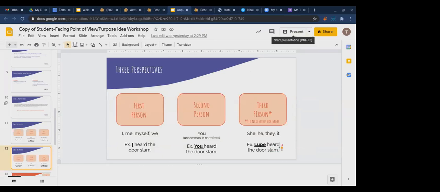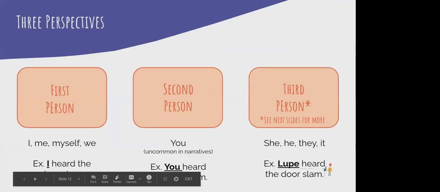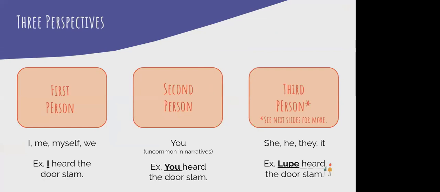Again, you can tell me in the chat or come off mute since I can't see the chat when I'm sharing my screen here. But talking about third person, there's two types of third person point of view that we're going to talk about in the next slide. But I want to know if anybody knows what they are first before we get there. Any guesses? Anything come to mind?